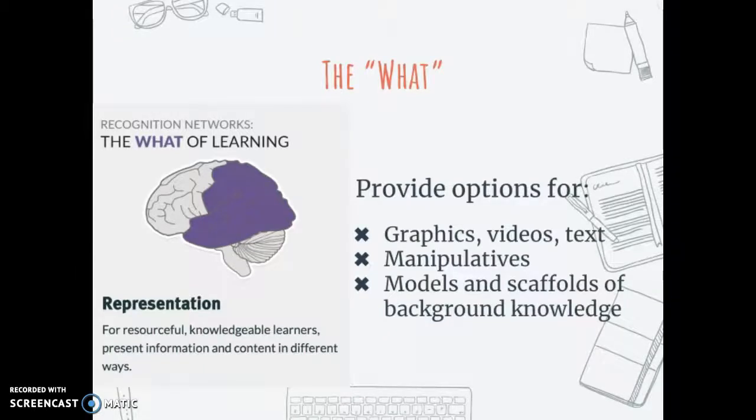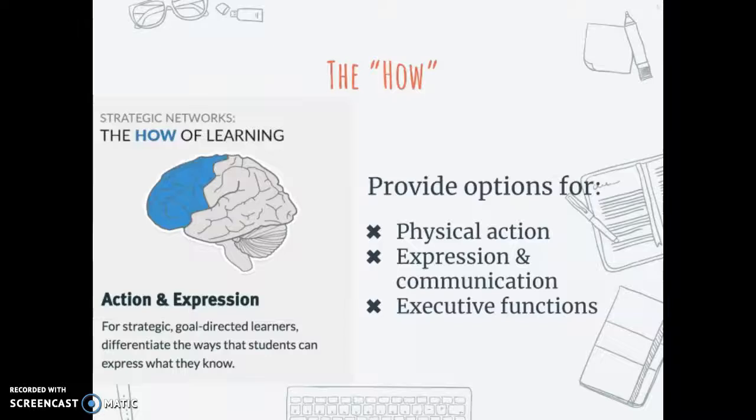When we look at the how of learning, here we're talking about action and expression, providing multiple means of action and expression. It's talking about addressing physical barriers. So again, barriers like the first principle, but here are the physical barriers so students don't feel like they can't demonstrate their understanding due to some motor skills.